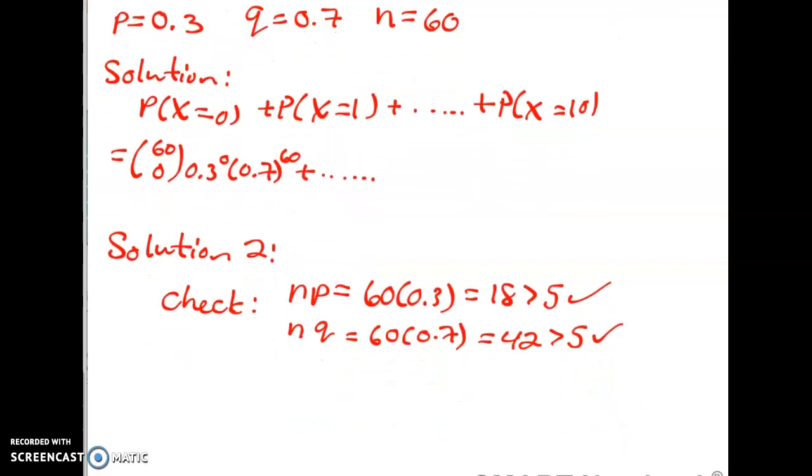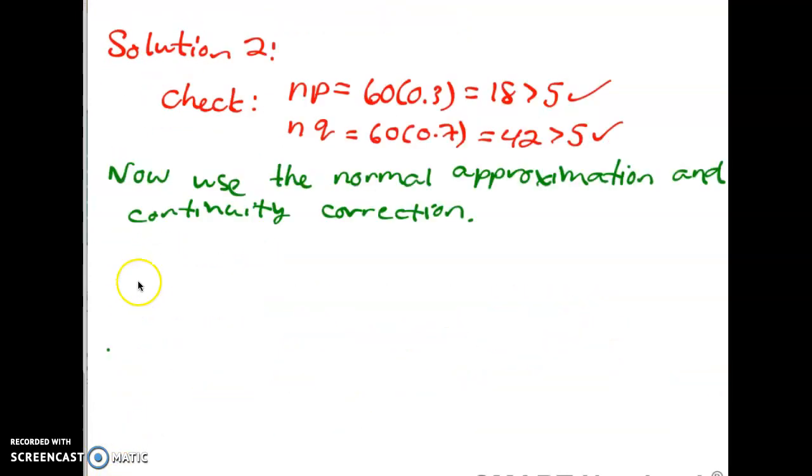Okay. As soon as both conditions check out, we can then start doing the normal approximation. So, in order to do this, we're going to need to calculate our mu, which remember we do the mean by finding n times p, which we already actually found up here. It was part of our check. It's 18. And you need to calculate the standard deviation.